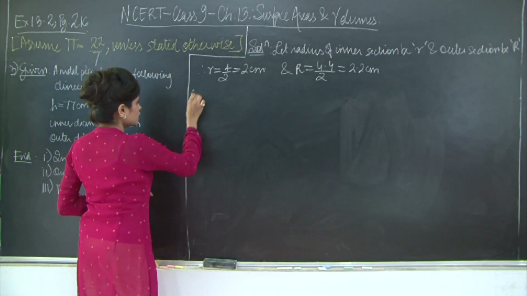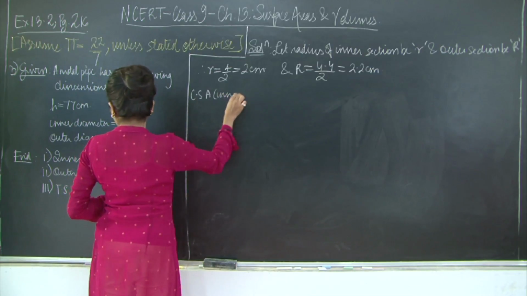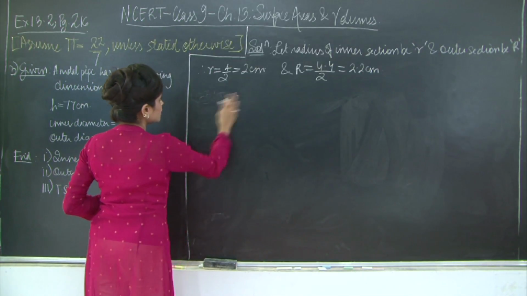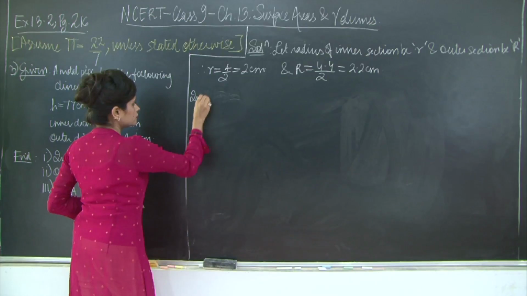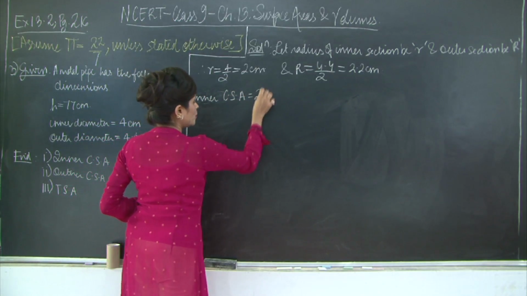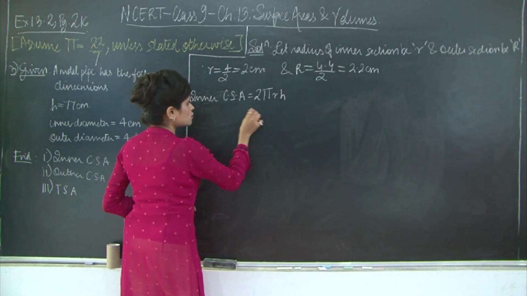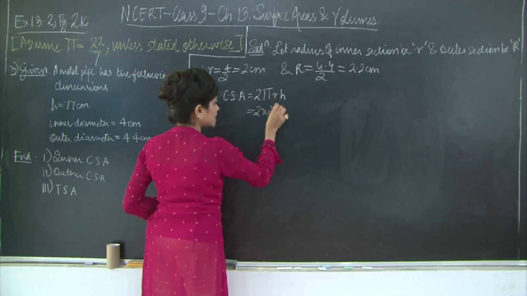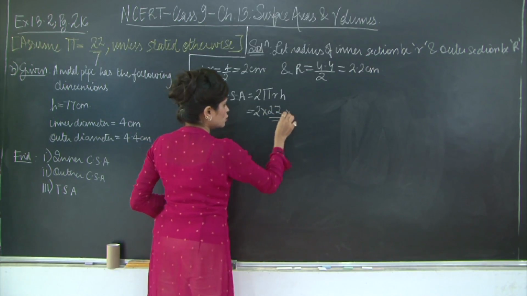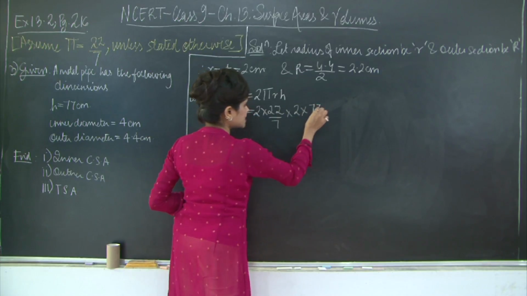Now, the inner curved surface area is going to be 2 pi small r into h. So this is going to be 2 into 22 by 7 into 2 into height, which is constant, that is 77.